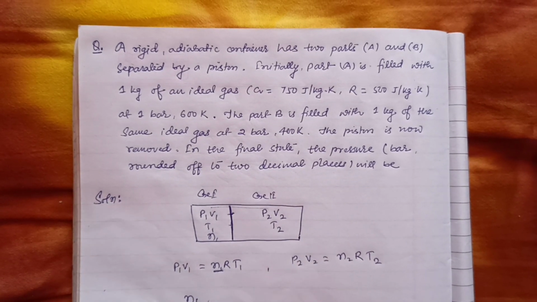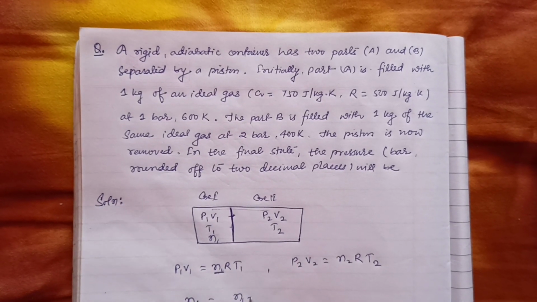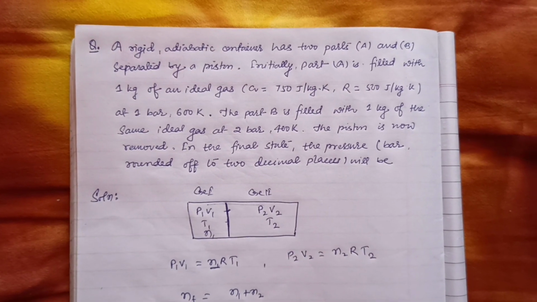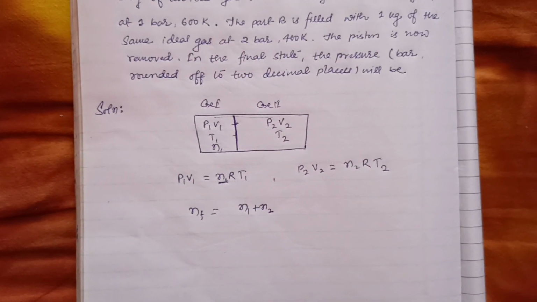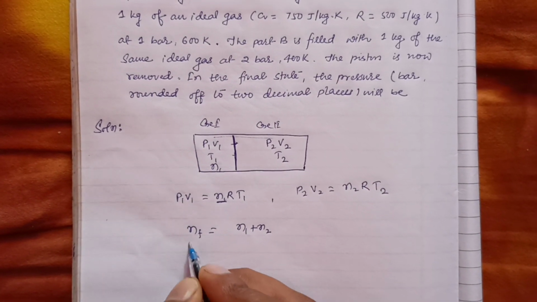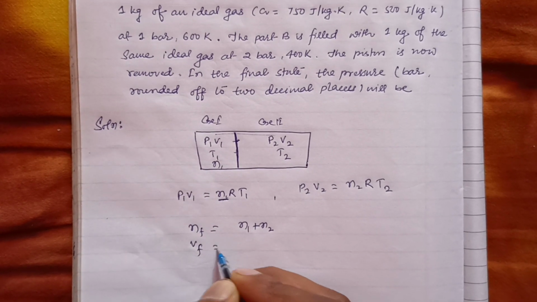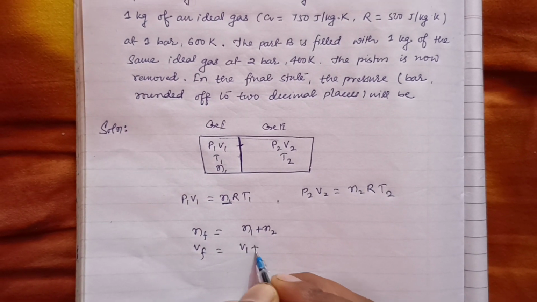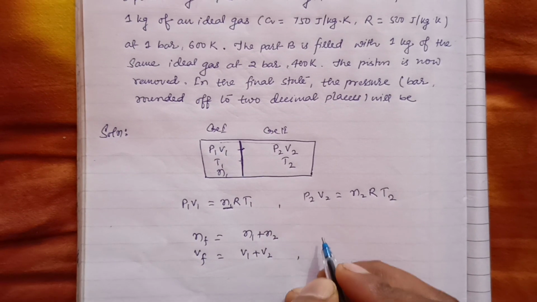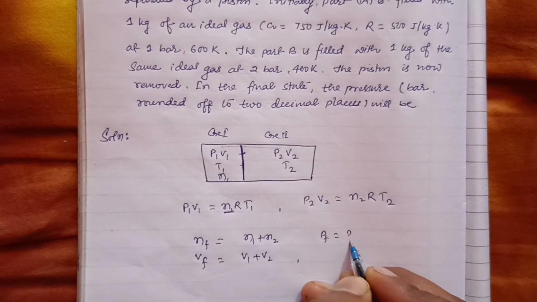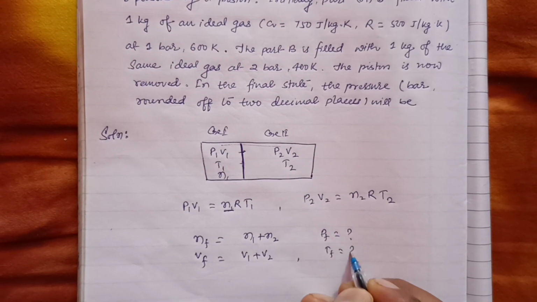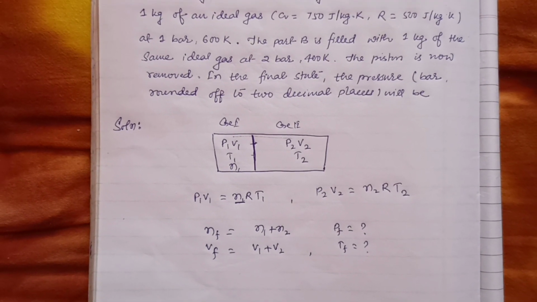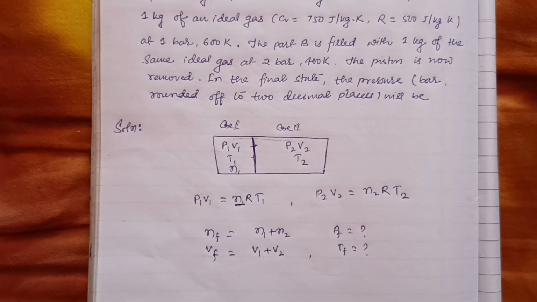So N final, the total number of moles, will be directly equal to N1 plus N2. The volume will also be directly the sum of V1 plus V2, but you cannot say the same about P final and T final. The temperature and pressure will not be directly added.